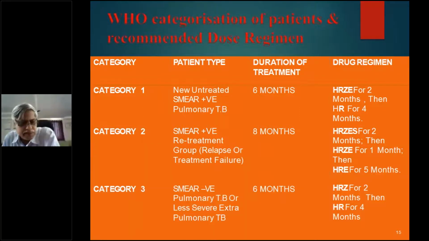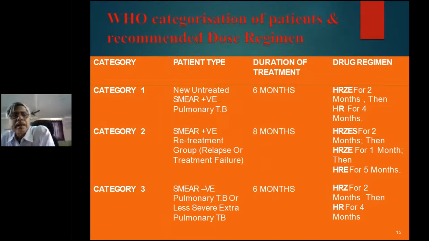Then every month, at 2, 4, 6 or 5 months, they were doing it. So failure means the sputum is positive even after 5 months of treatment. That is a case of failure. So all these come under category 2.